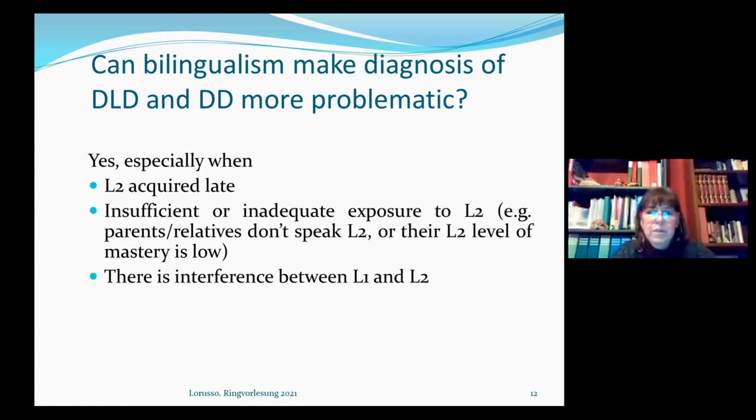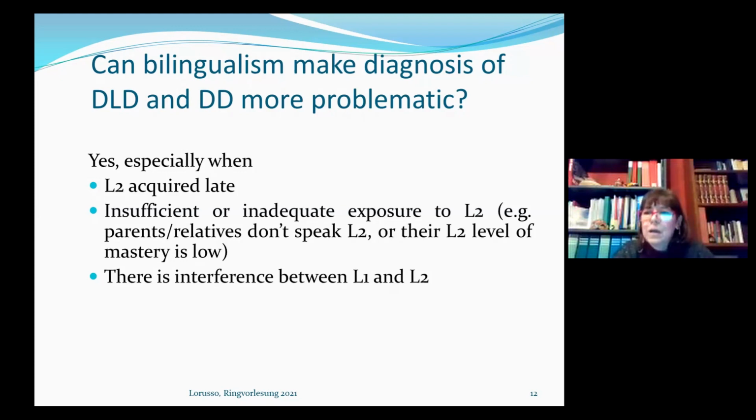For example, especially in some linguistic minorities, parents and relatives, even if they live in the L2 country, do not speak L2, or they speak L2 with many difficulties.